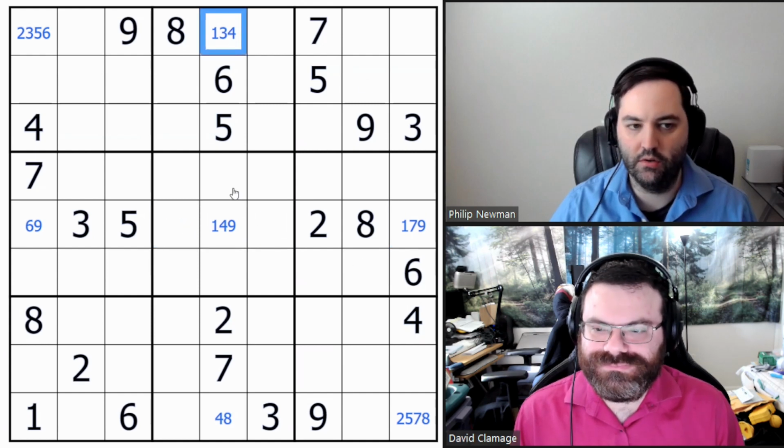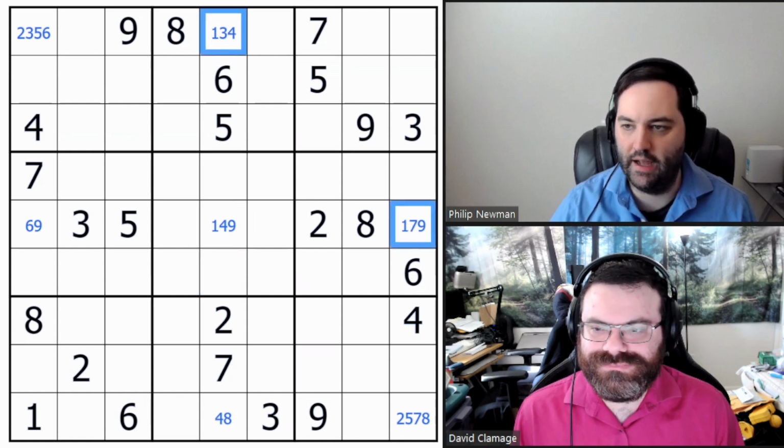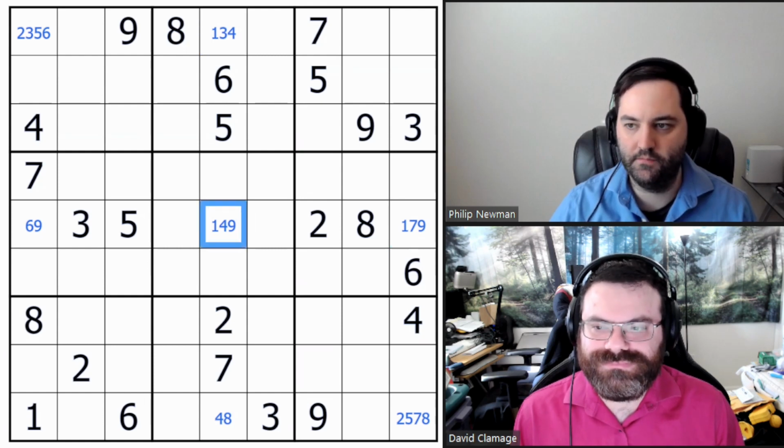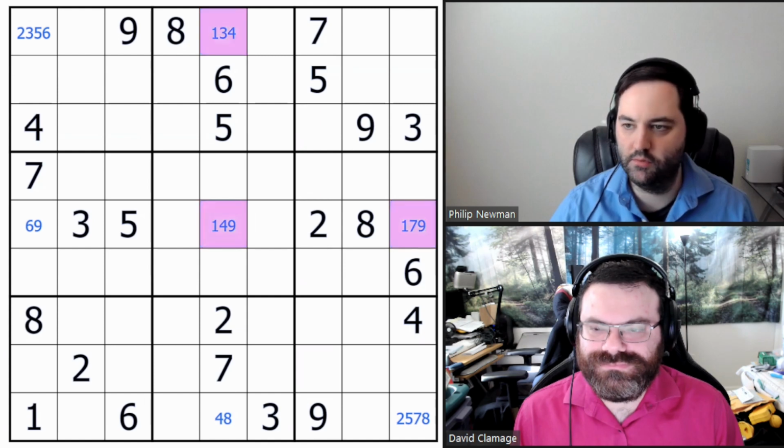Either there's a 1 here or there's a 1 in one of these cells. So if there were no 1 in either of these cells, it would have to appear in that cell in box 5.